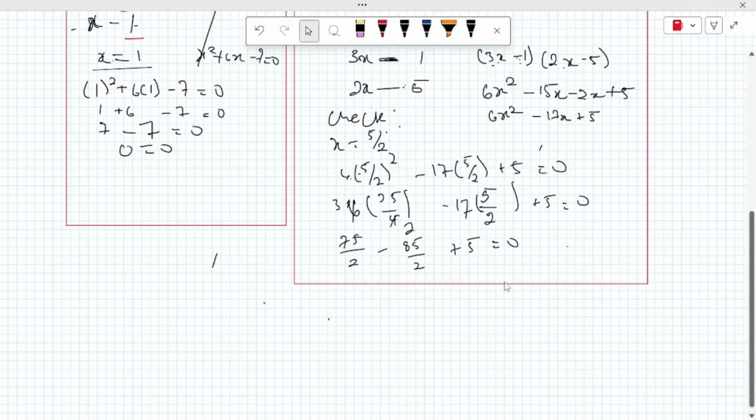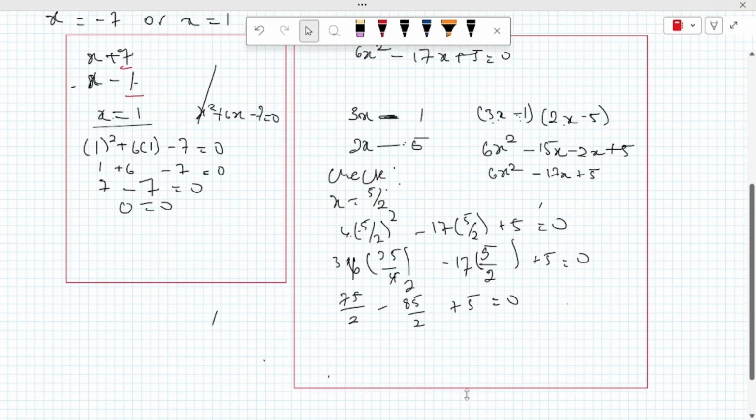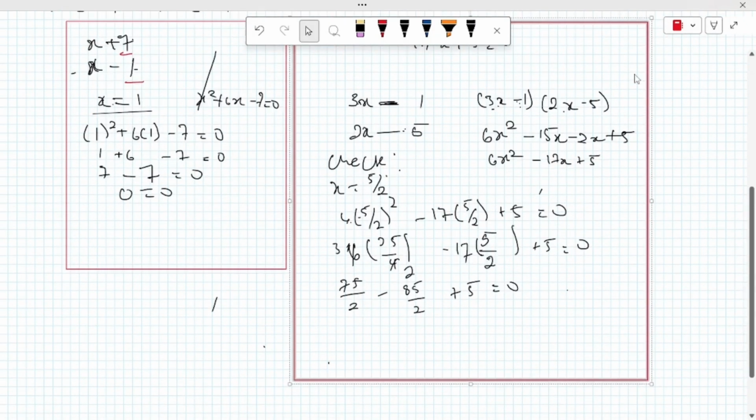Let's expand the square again. I'm new to this, guys. Digital note taking, it's not easy.